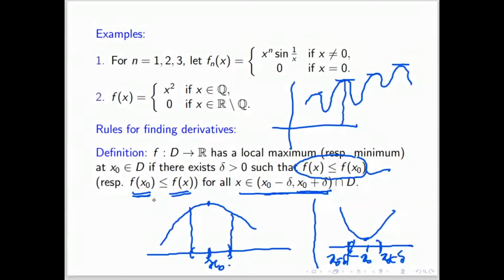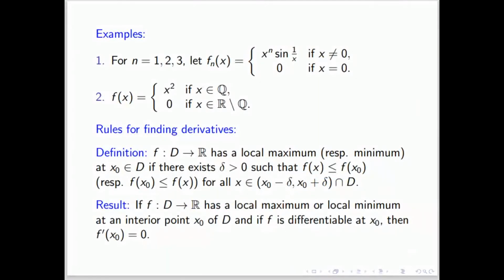Local means whenever you take a point and a neighborhood of it, this property will be satisfied. So this is a maxima, similarly this is also maxima, and this is also. These are all maxima, these are all minima. Out of these, the lesser one is the global minima, and the maximum one is the global maxima. We'll see how to find maxima and minima also. So this is just the definition.